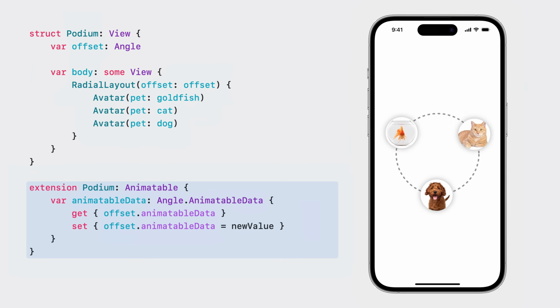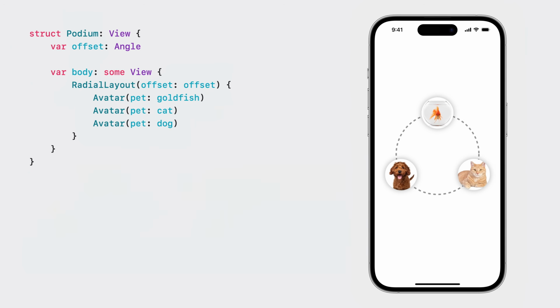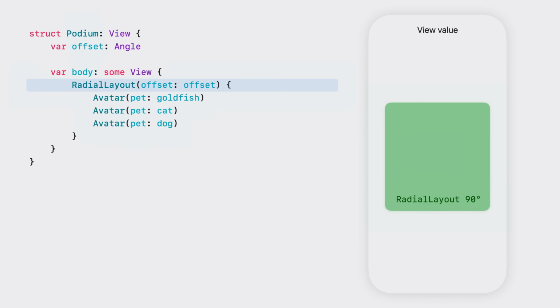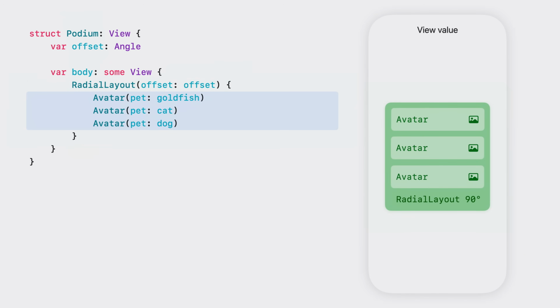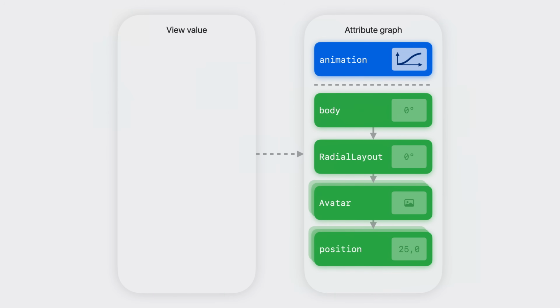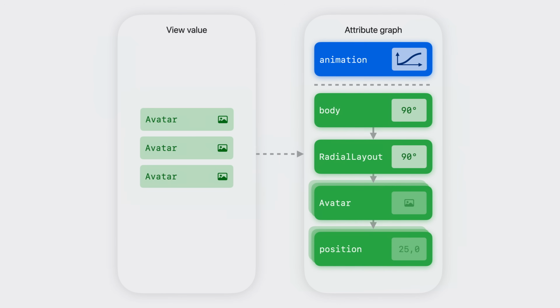Why does this result in such a different effect? To explain, I'll step through an animated update for each version of the podium view, starting with the default behavior, which animates the avatars along a straight line. Podium's body is composed of a radial layout and 3 avatars. When a transaction opens, if the offset angle has changed, body is called to refresh the stale downstream attribute values.